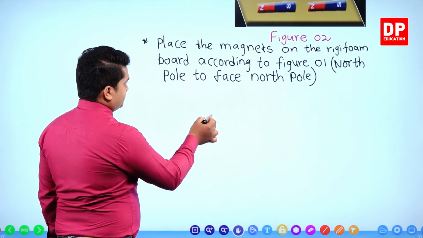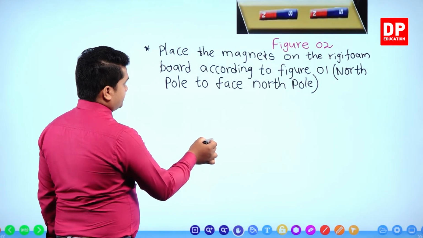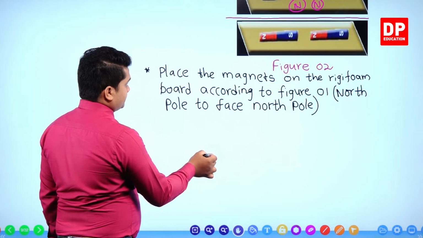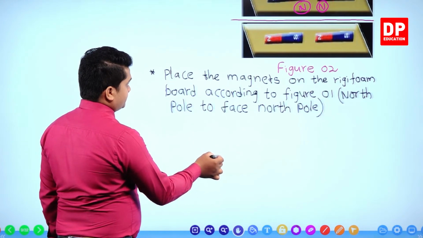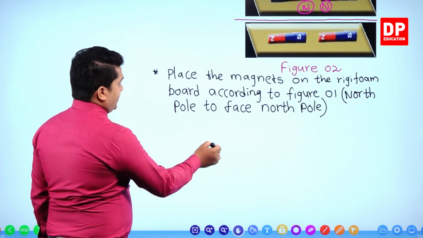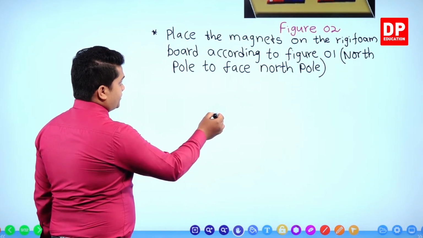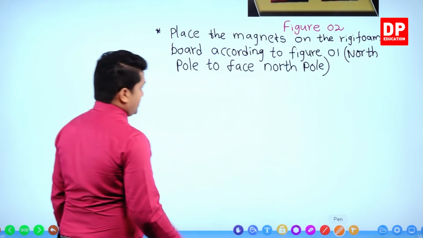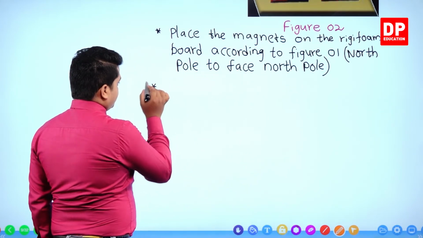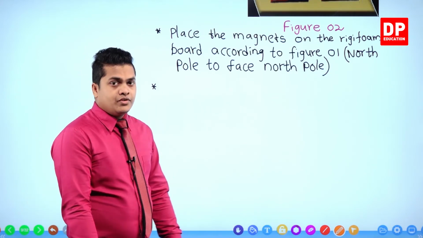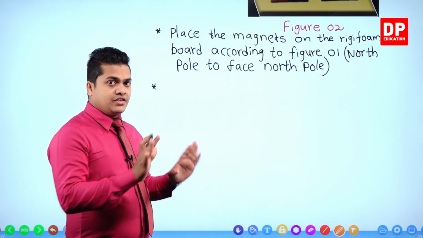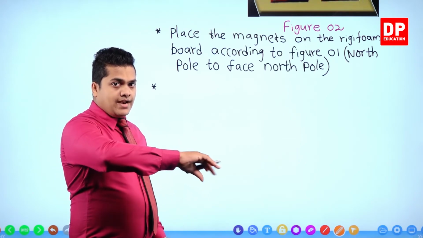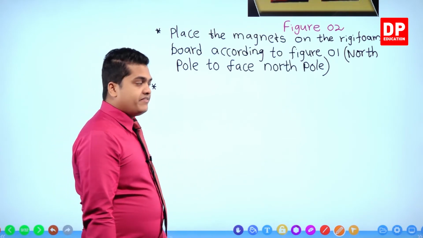Then, I'll take the entire slide upward so that I can write the steps. Next step. In the next step, what you have to do? You have to take an A4 sheet and place it over the setup and add some iron powder or iron filings.